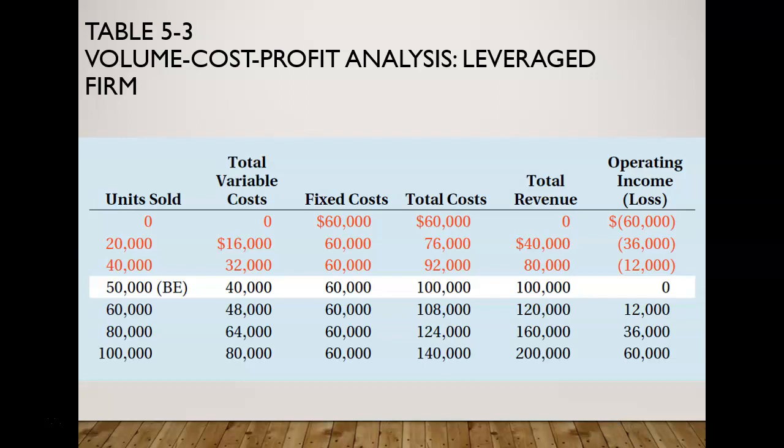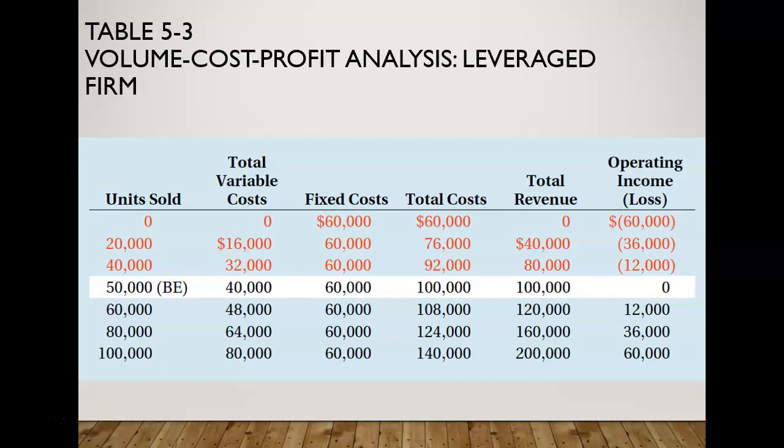So you can see at 50,000 units, which is our break-even units, we have total variable cost of $40,000, total fixed cost of $60,000, so our total cost would be $100,000. Our total revenue at that point will also be $100,000, which means that our operating profit would be zero. Right? So our profit at that point would be zero, and hence we'll be breaking even.